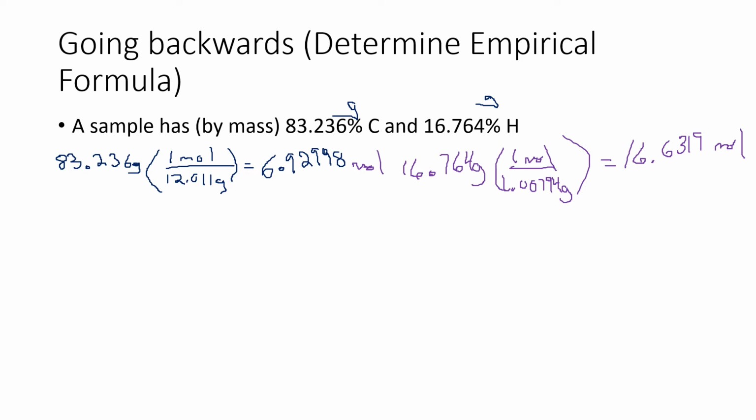All right, but now we really care about the ratios, right? So here's the second big trick. You find the smaller amount of moles. In this case, it is going to be moles of carbon, and you divide everything by that number. What you're doing, this is called normalizing.